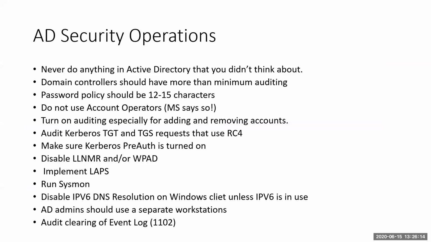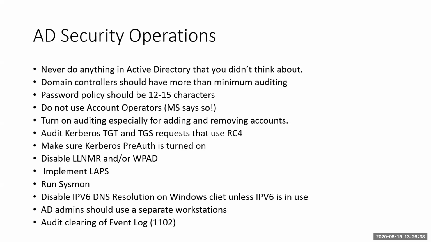Just some tips on Active Directory security operations. Always, when you set up and configure anything about Active Directory, you should think about what functionality you're adding or configuring on it, and especially if there are any security implications. Domain controllers should have more than minimum auditing. You should increase the auditing on domain controllers.